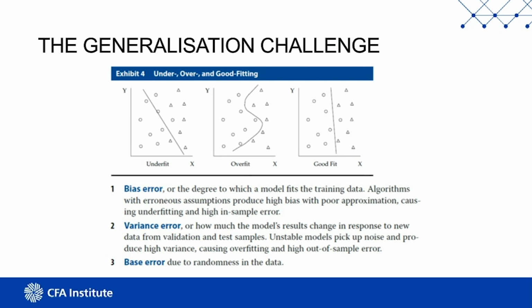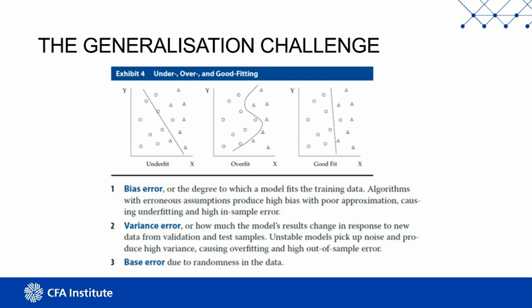The history you've seen doesn't perfectly describe everything that will happen in the future. And on the right-hand side is a good fit. This is a model that has done a pretty good job of splitting between the circles and the triangles, but it hasn't become too complex and hasn't learned unnecessary details that probably don't apply in the future.